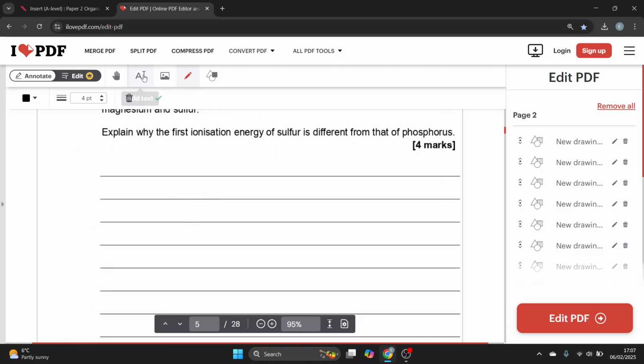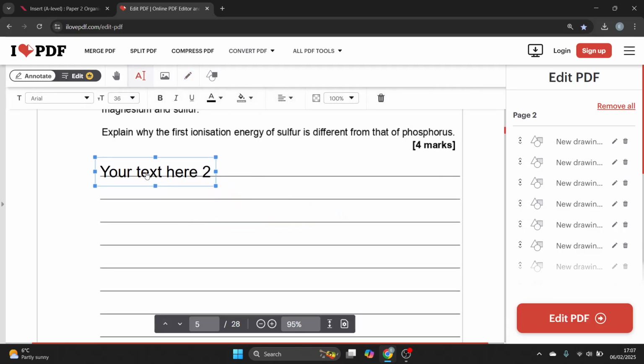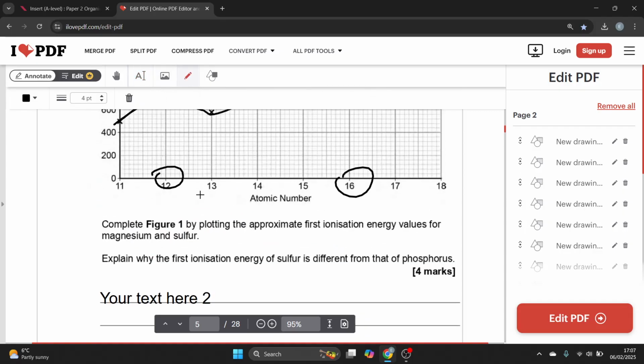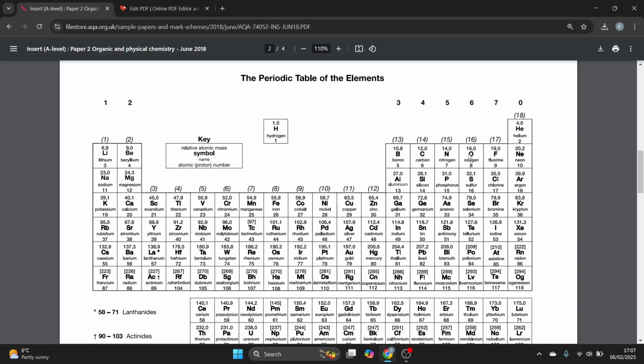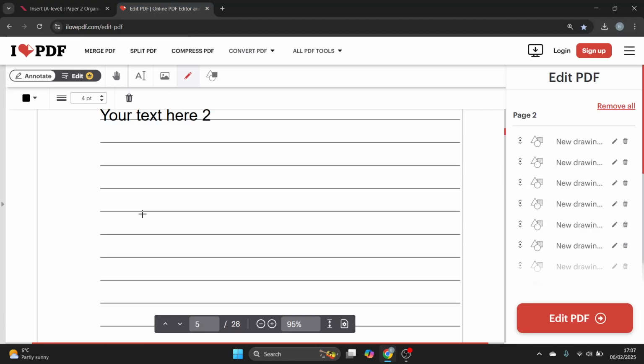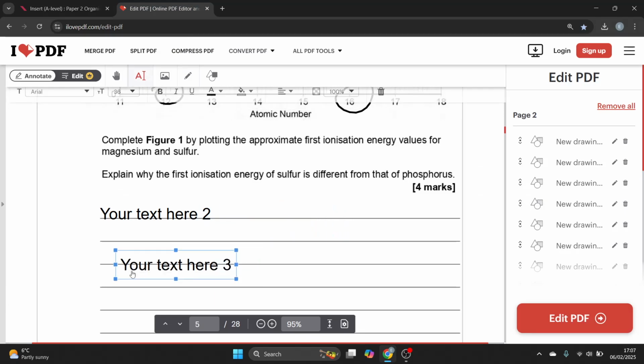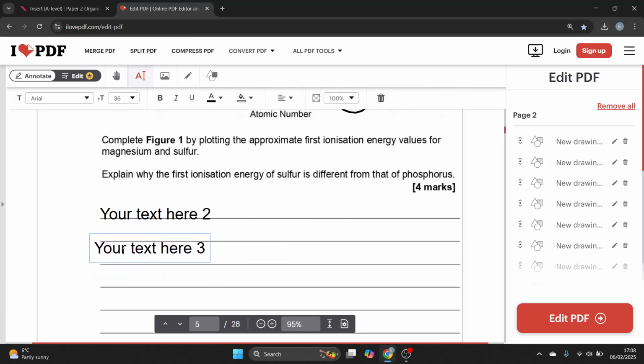Explain why the first ionisation energy of sulfur is different from that of phosphorus. Now, to answer this question, you've got to think deeply. If I look at sulfur, it's got 16 electrons, right? Obviously, in the exam, you'd probably go through the electron configuration, but I already know sulfur. The key fact about sulfur is that the electrons are paired in the 3p orbital. That part is really important.